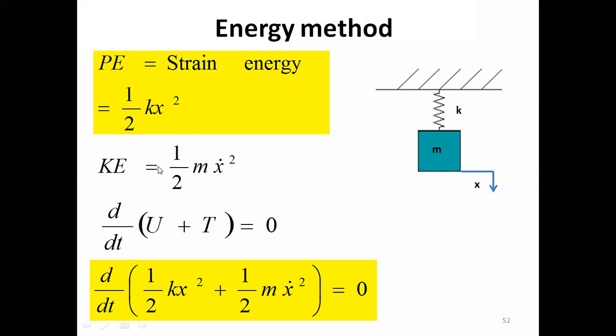And kinetic energy is equal to half m x dot squared. This is the equation for the energy method.